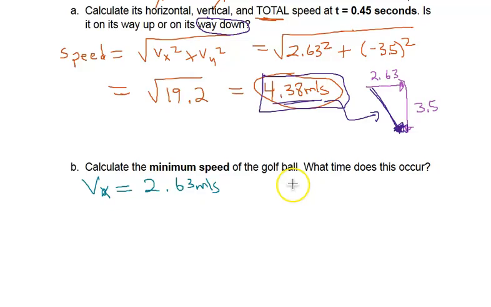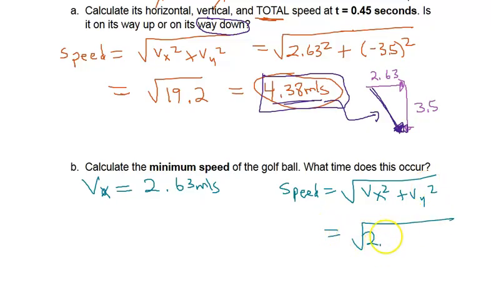Okay, and if you wanted to prove it, that's when the Vy is 0. We'll find that time in a second. But the speed would be the square root of Vx squared plus Vy squared. The square root of 2.63 squared plus 0 is 2.63, right? So clearly not a good use of your time, but I just want to show you that the math works out as well.